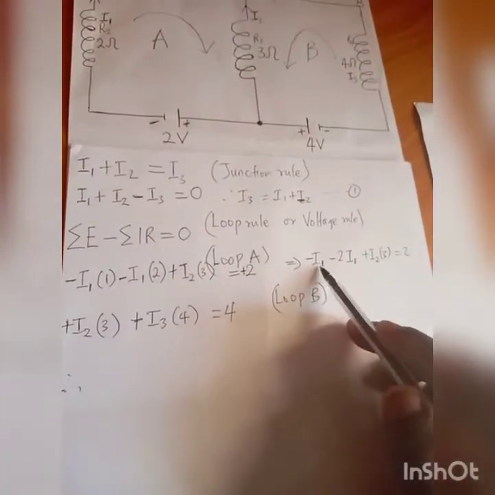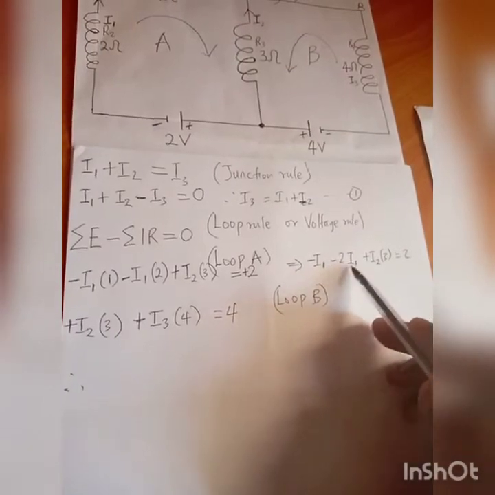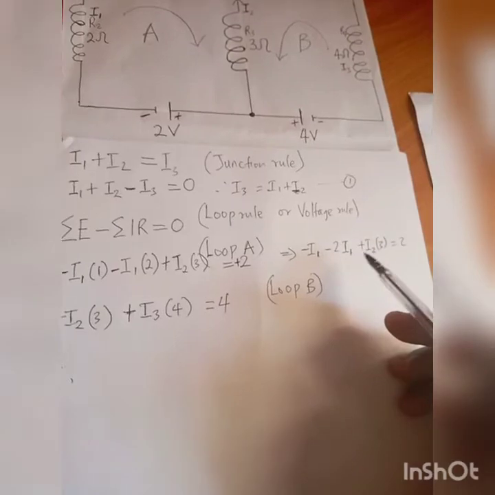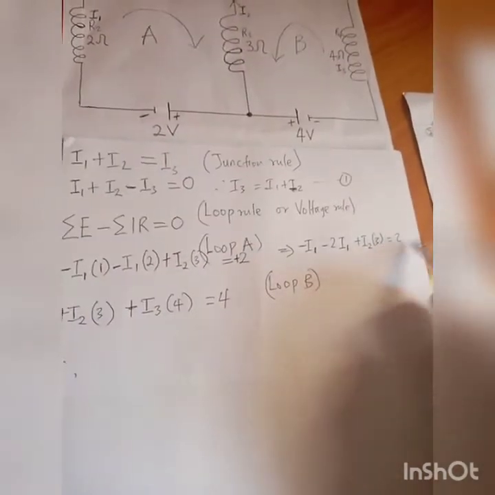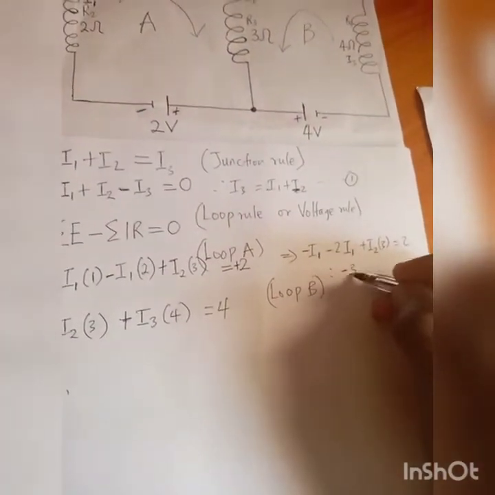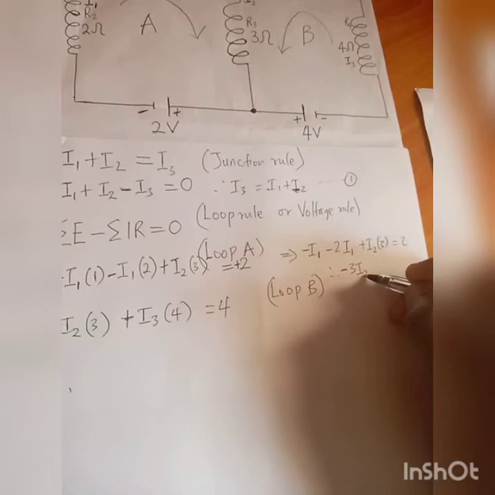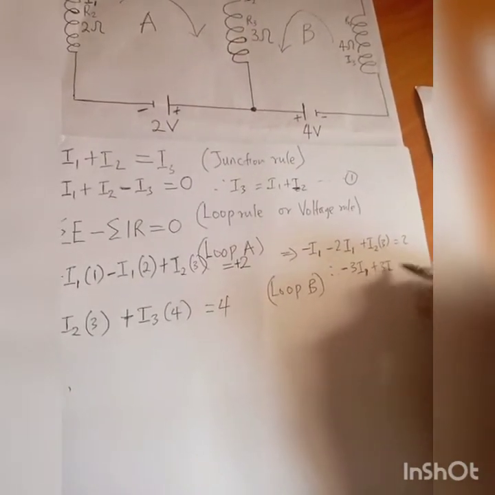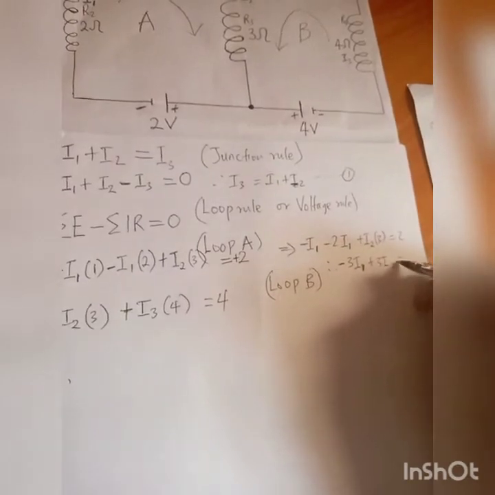Now, minus I1 minus 2I1 will be giving you what? Minus 3I1. Then plus 3I2 equal to 2. You say, therefore, you'll be having minus 3I1 plus 3I2 equal to 2. Okay?